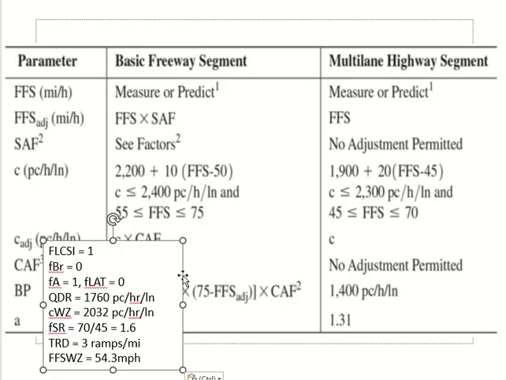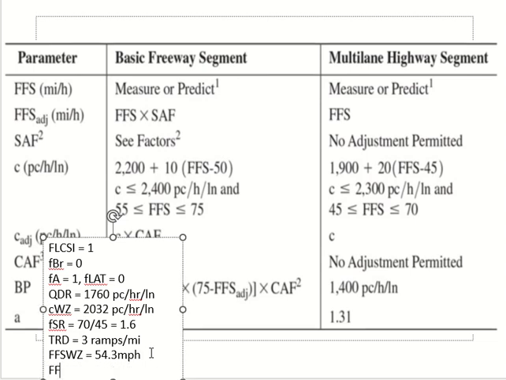This equation gives you normal capacity. Free flow speed in this case is 70, the normal free flow speed, because we are calculating normal capacity. Isn't it 49? No, it's a freeway.